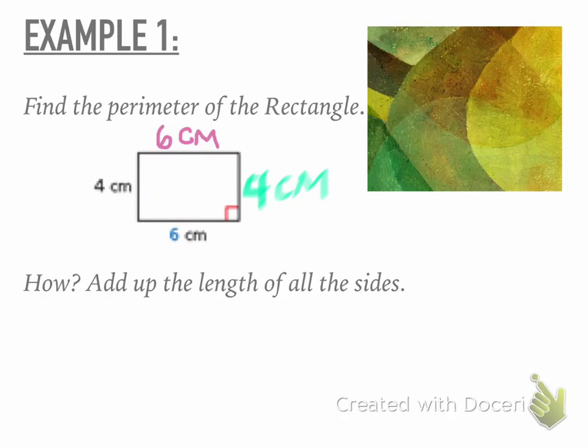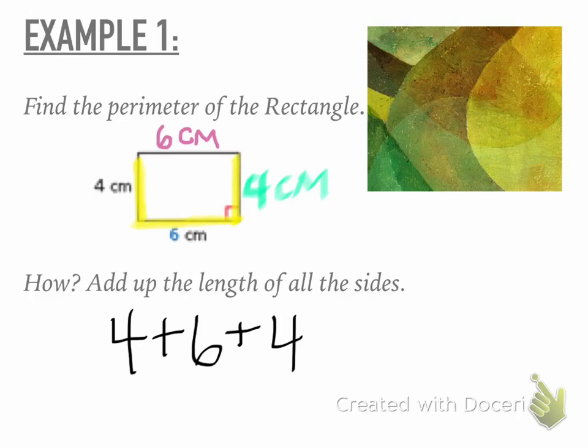So now that we know the length of all the sides, we can just add them up. Starting with this side right here, we've got 4 centimeters, so we're going to take 4. And remember, we're going to add. The next side is 6 centimeters, so you add to that 6 centimeters. And then we're adding another 4, which we found on our own.